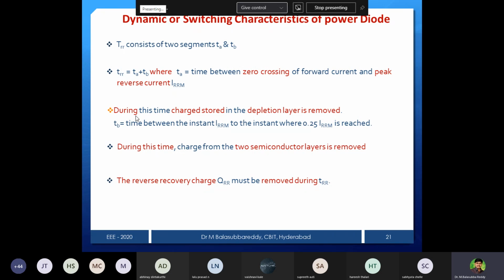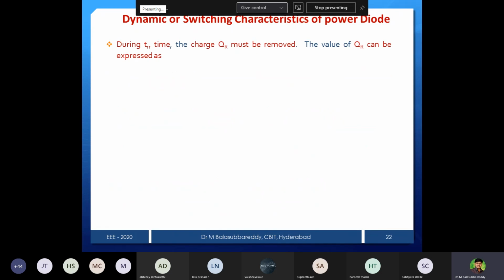Similarly, to turn on or turn off, we require some time. The reverse recovery charge, QRR, must be removed during TRR. As a thumb rule, the lower the TRR, the faster the diode can be switched.